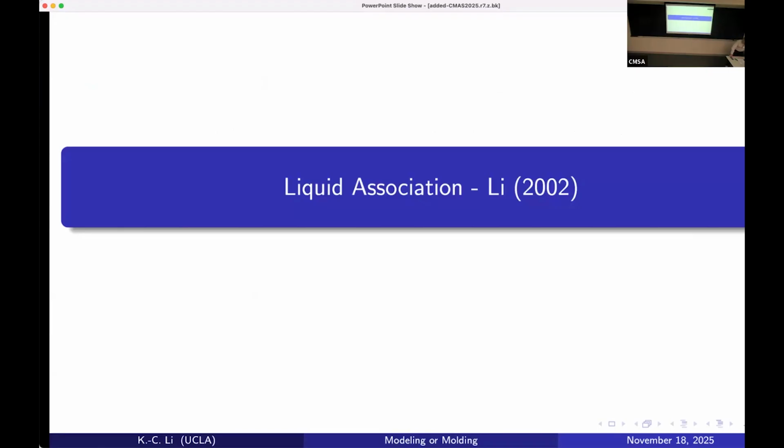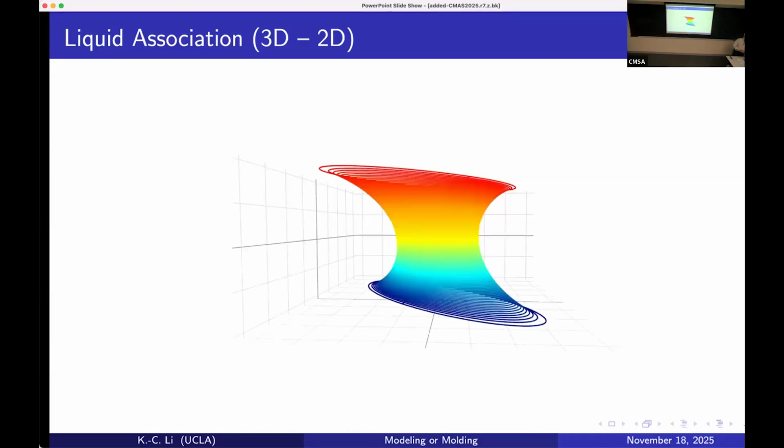Okay, next one. I think I've got to go even faster, otherwise I might have trouble getting to the main part of the talk, which I think is most exciting. The second notion is called liquid association.